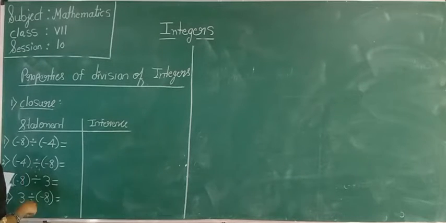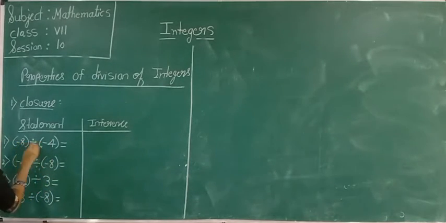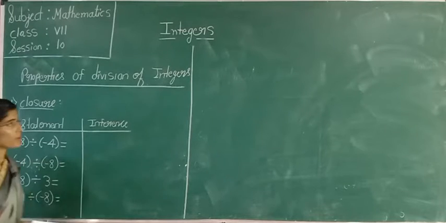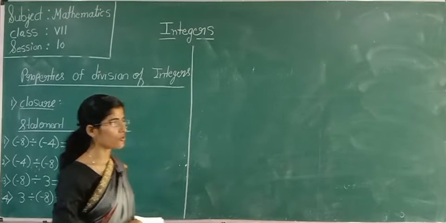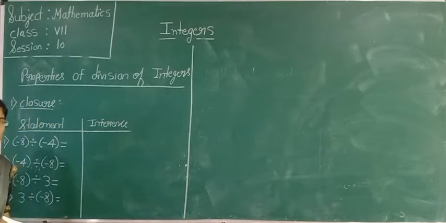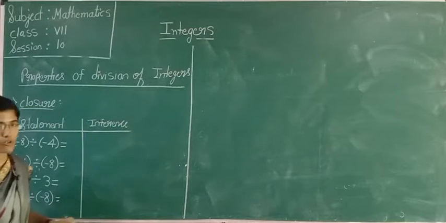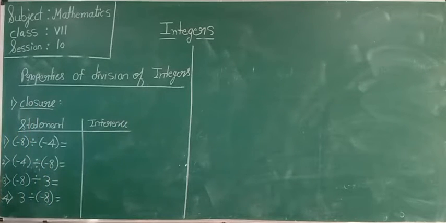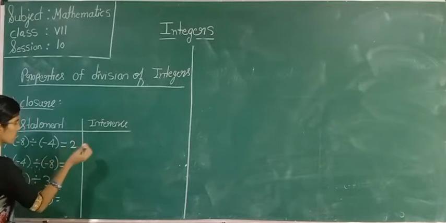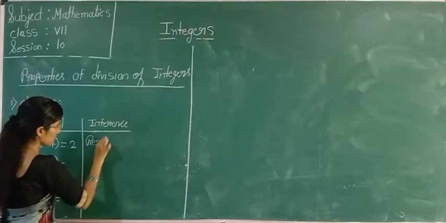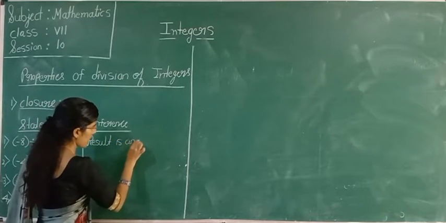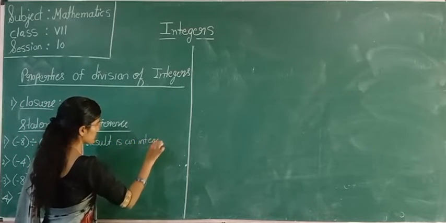Now see here, minus 8 divided by minus 4. We know that integers are closed under addition, subtraction, multiplication, right? Now we will check whether integers are closed under division. Minus 8 divided by minus 4 is 2, so the result is an integer, right?